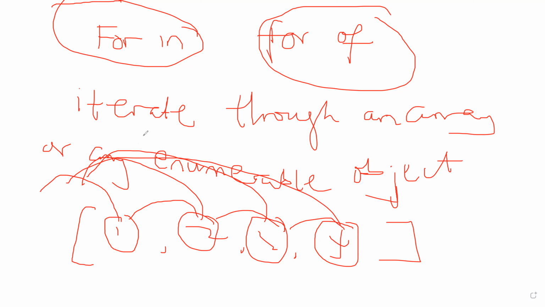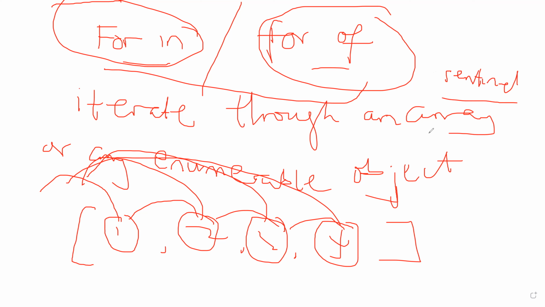Right? So the difference between the for in, the for of, and the other looping methods like for, while, do while, is that in these two, you don't need to keep track of the sentinel. The sentinel is that number that we increment every time so that we do not enter into an infinite loop.